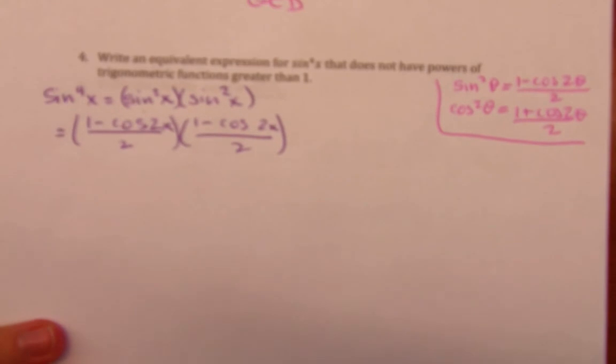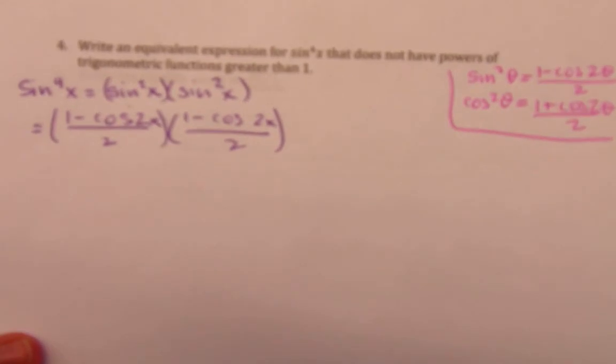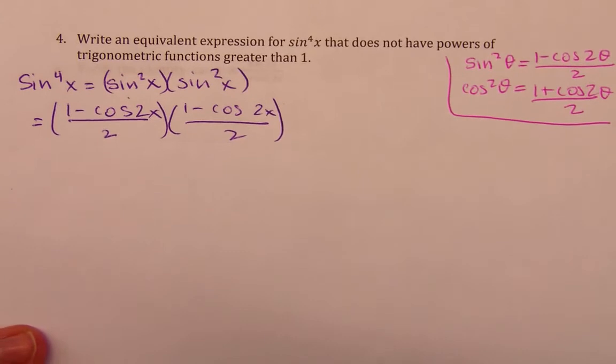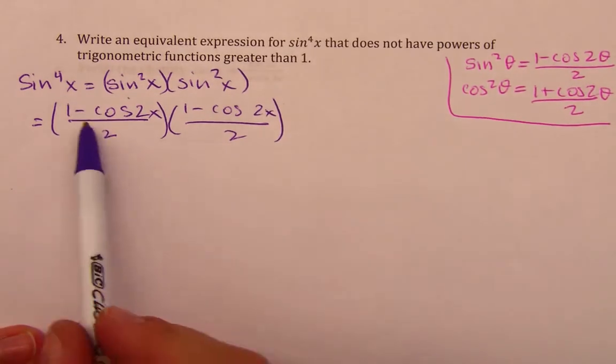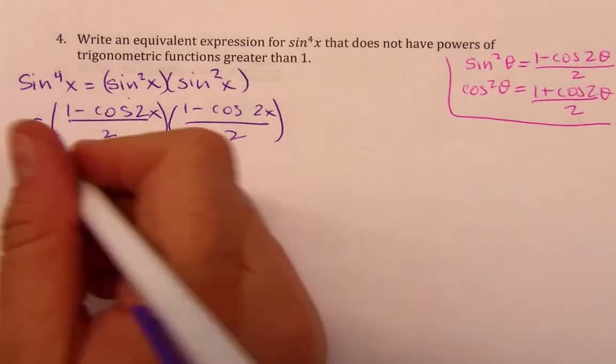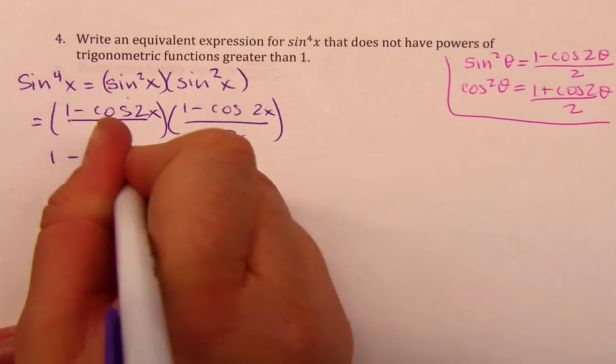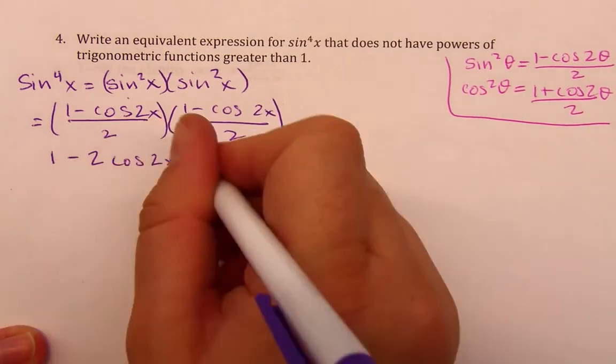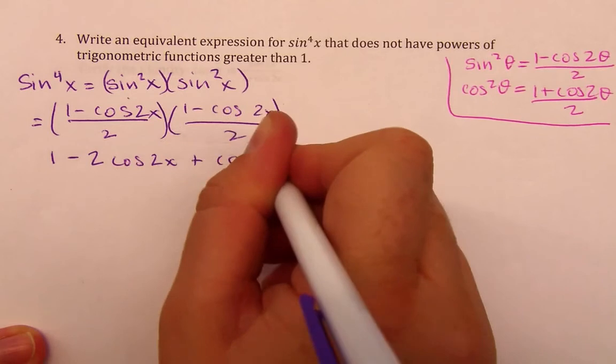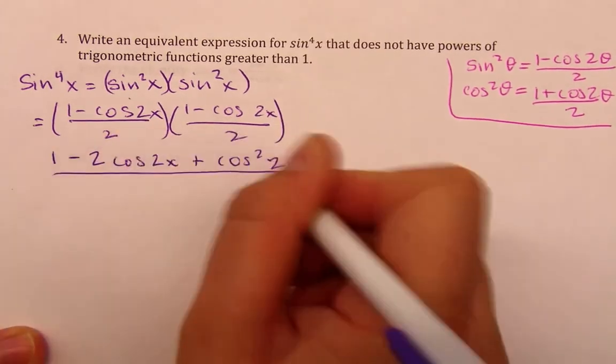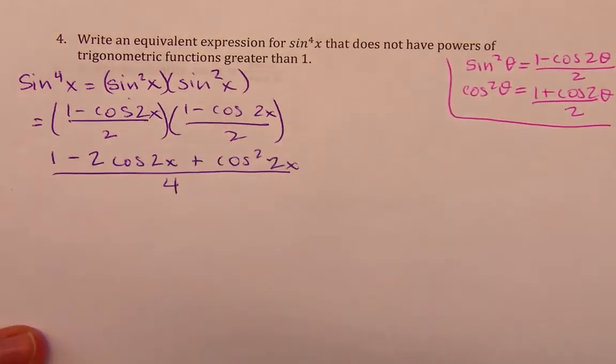Okay. And now we can go ahead and FOIL, and we're going to have 1 minus 2 cosine 2x plus cosine squared 2x all over 4.